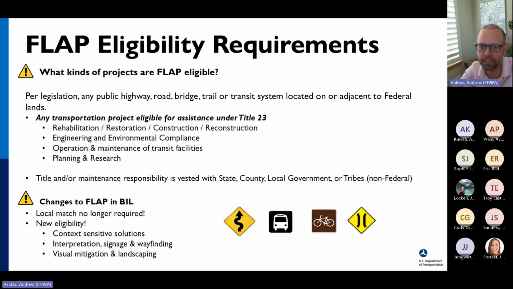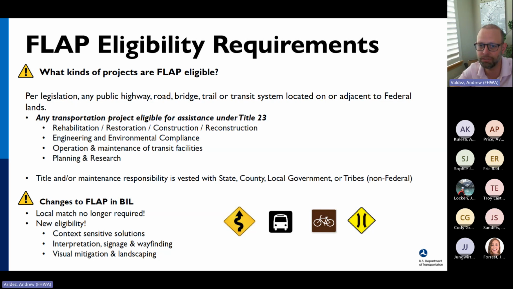And these activities include rehabilitation, restoration, construction, reconstruction, engineering, environmental compliance, operations and maintenance of transit facilities, and planning and research. But again, title and maintenance responsibility must be vested with a non-federal entity. And again, these are the agencies that end up being the applicants.